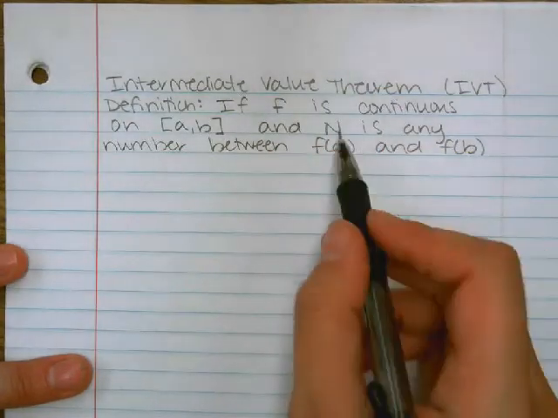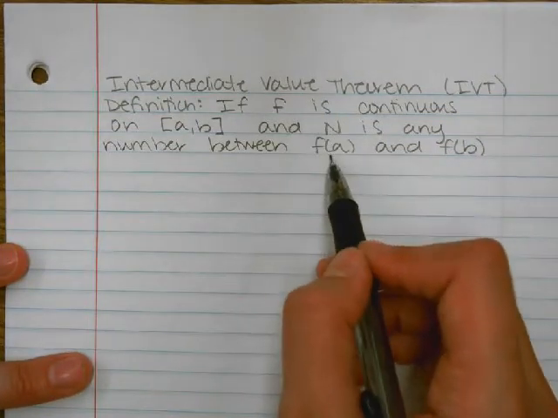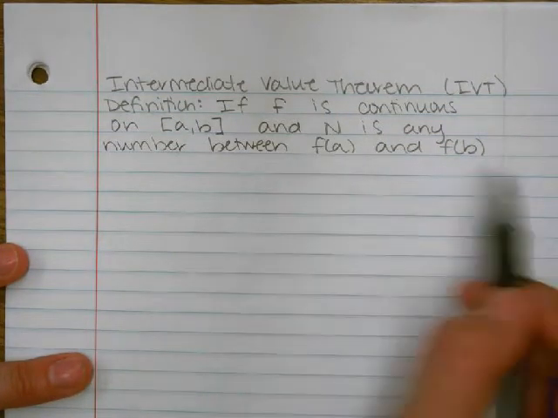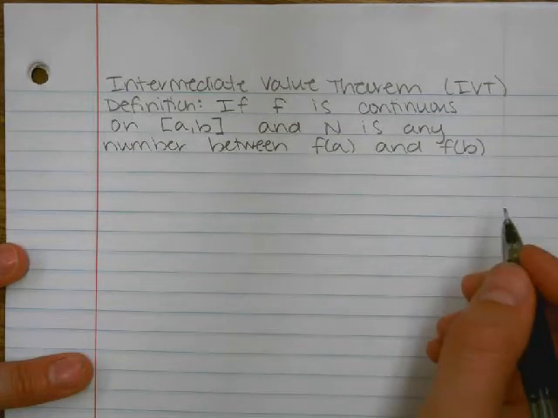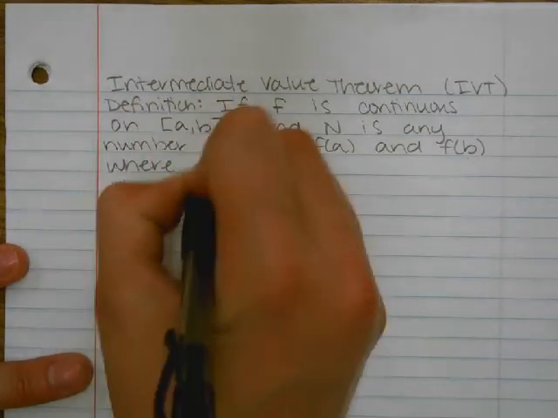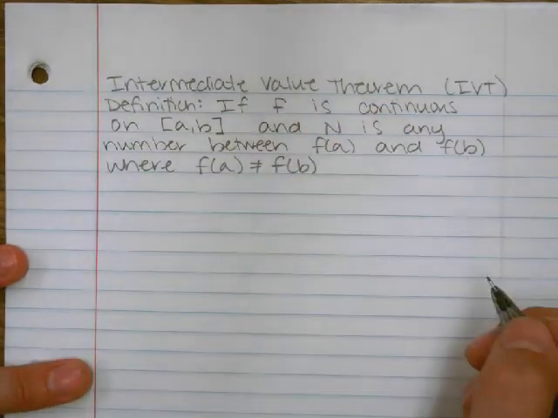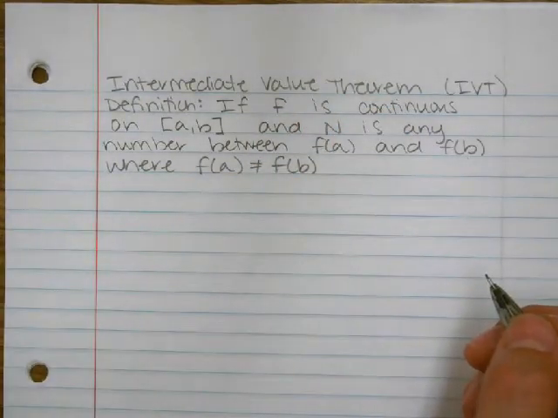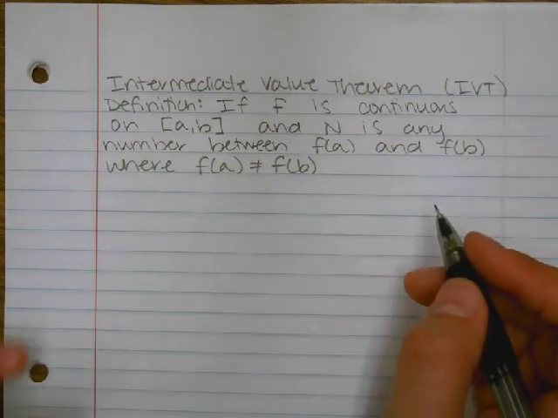Here n is a y-coordinate, between the y-coordinate you get when you plug a in and the y-coordinate you get when you plug b in, where f of a doesn't equal f of b. So we're not talking about a perfectly horizontal line here. It means they have to be evaluated at different numbers.